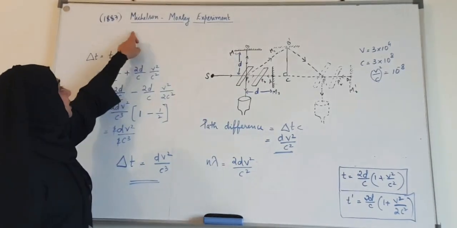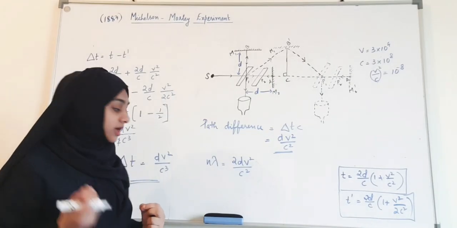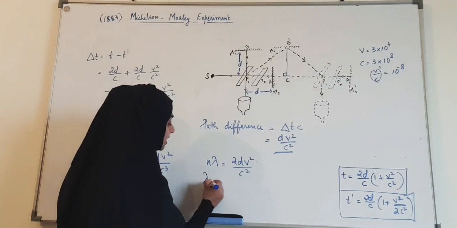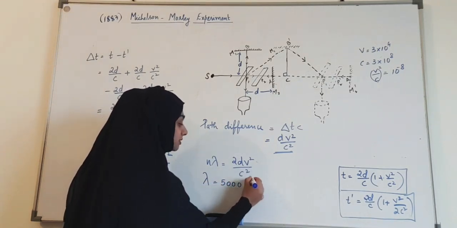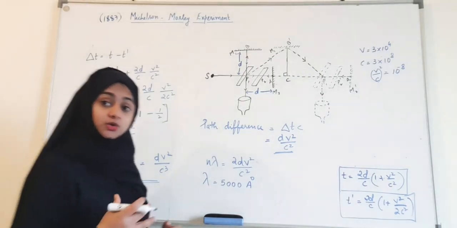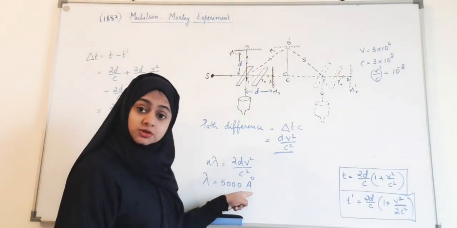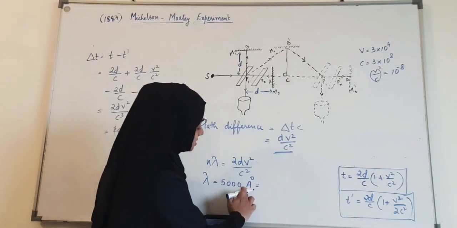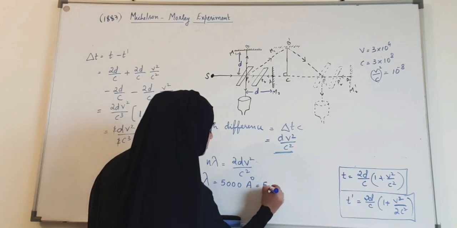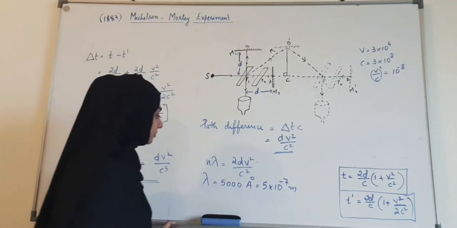During this experiment, Michelson and Morley used waves of wavelength lambda equal to 5000 angstrom. So they used light having wavelength 5000 angstrom, and angstrom means 10 raised to minus 10 meters. So 5 times 10 raised to minus 7 meters.